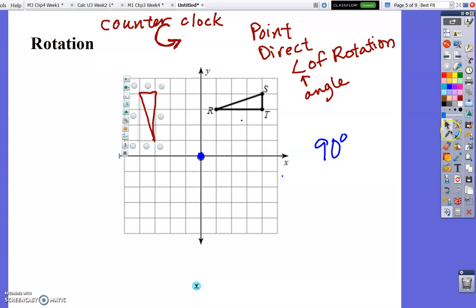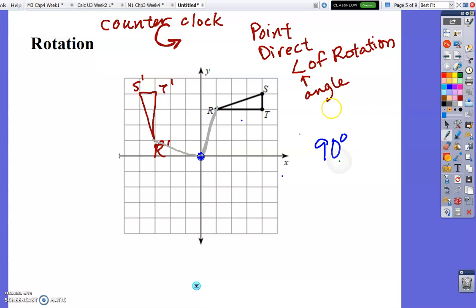Let me show you what happened. I can use patty paper as we've done before. That's R, this is T, and this is S. I can use patty paper to ensure that I went 90 degrees, but the other thing I can do, this is a little weird, so bear with me, is draw from R to my point and then to the new R prime, creating a right angle.